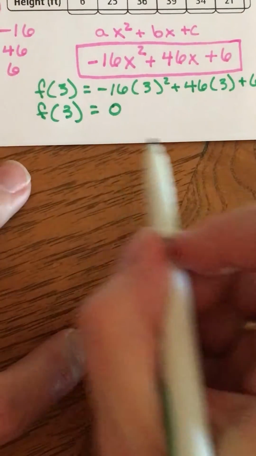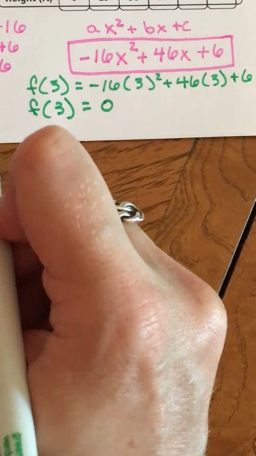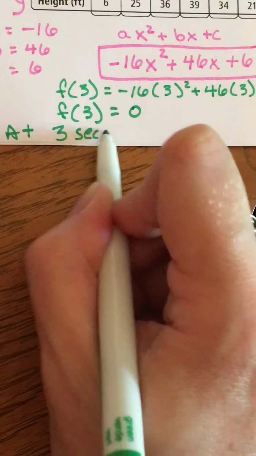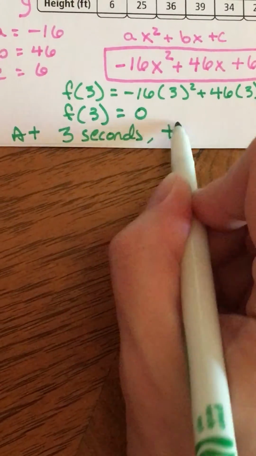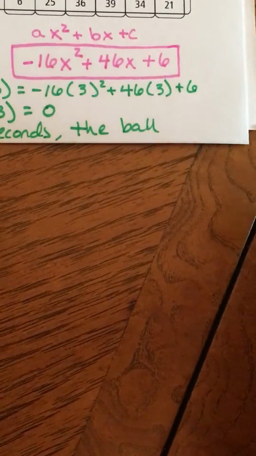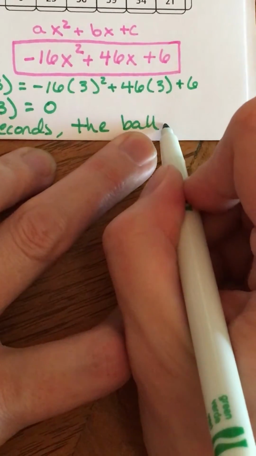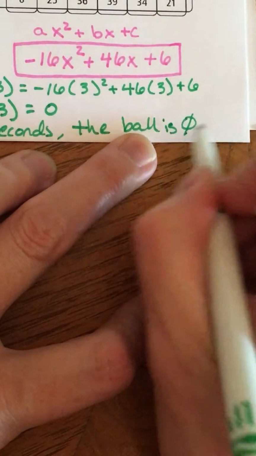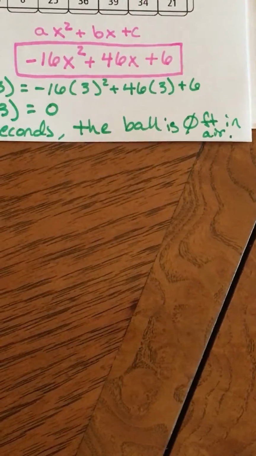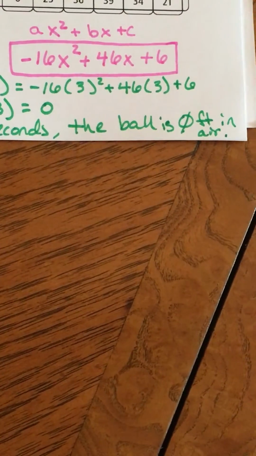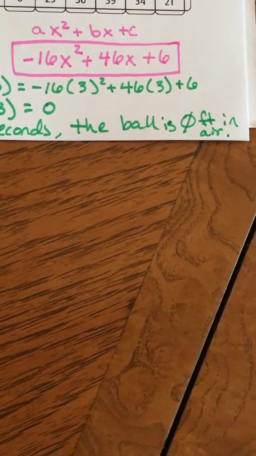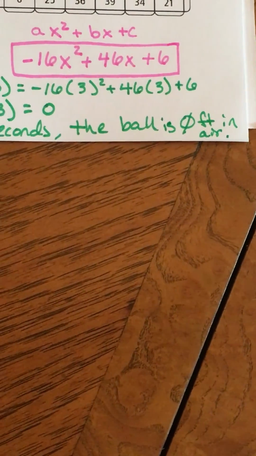And as a result, we know at 3 seconds, the ball is 0 feet in the air. And I'm out of room. Okay, your job is to do the last problem on this packet, number 6, which has a typo of number 5. And if you get stuck or if you get an answer, come and ask me.